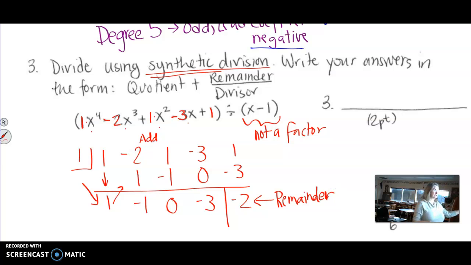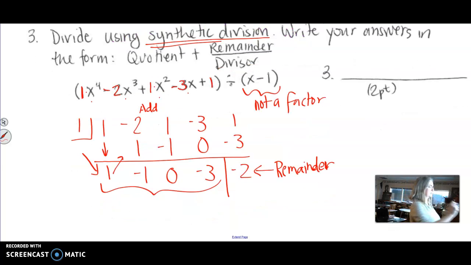So my remainder is that. These numbers here represent the coefficients of my quotient. We start out, this -3 here is my constant. And this is going to be my x term, so we're going to have 0x.